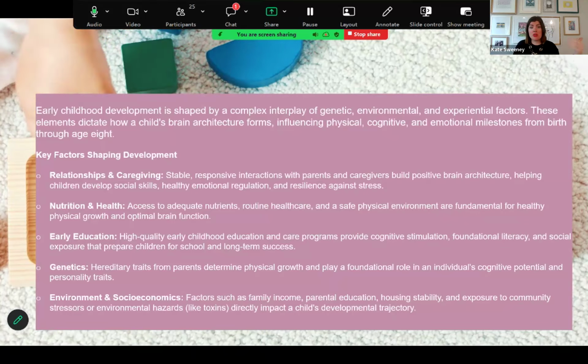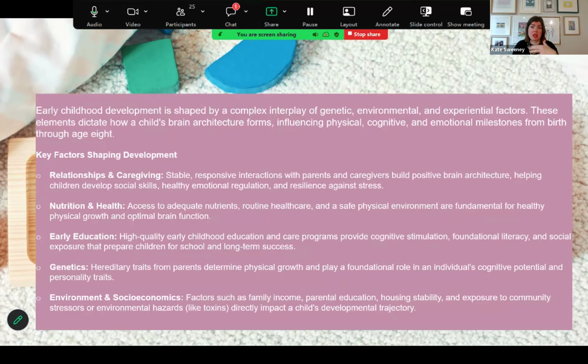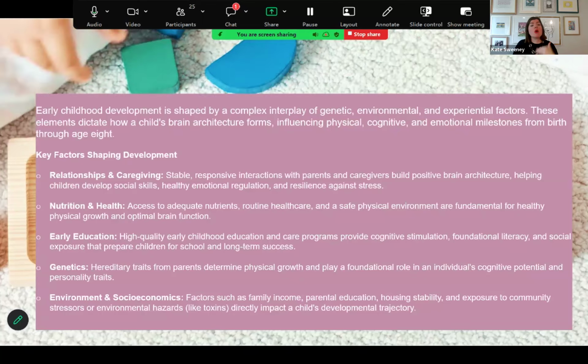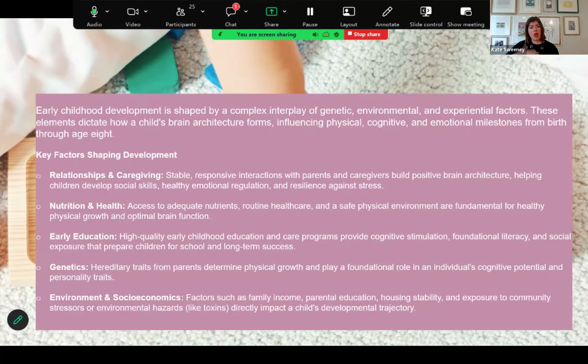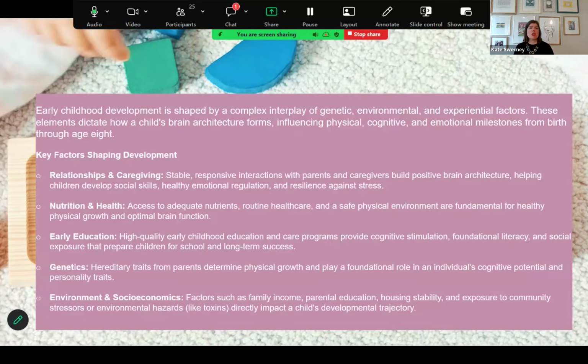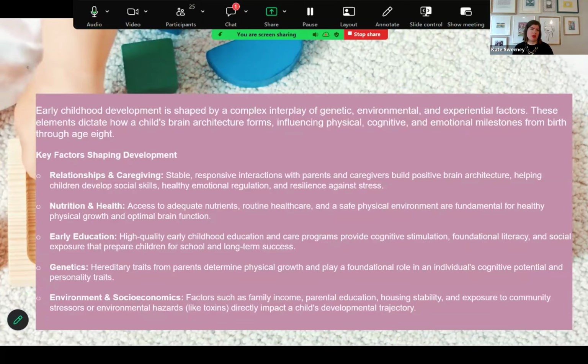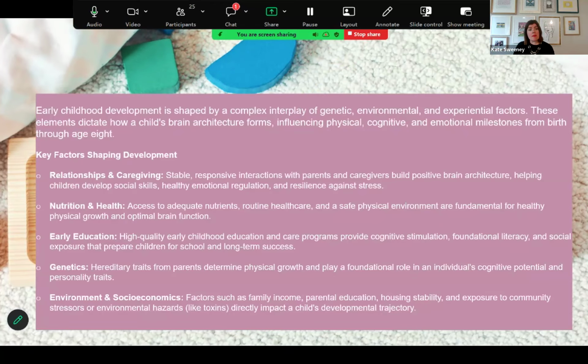So access to adequate nutrients, routine healthcare, safe physical environments, which not only interplays with their capacity to do any of the things that would help them acquire the next phase of development, be it cognitive or physical, but also their ability to sustain that, or an indication that there's a concern in any of those areas.